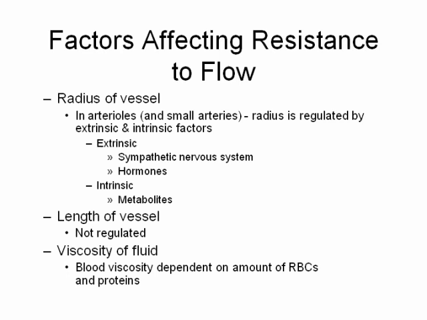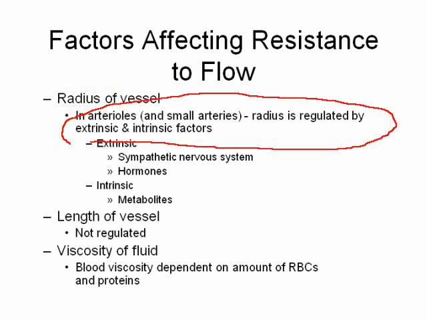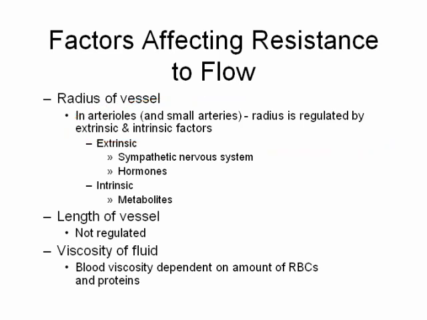Factors that affect the resistance to flow. The largest one is radius of the vessel, or diameter of the vessel, if you like. In arterioles and small arteries, the radius is regulated by both extrinsic and intrinsic factors. The extrinsic factors include the sympathetic nervous system, as well as hormones. Intrinsic factors include metabolites.